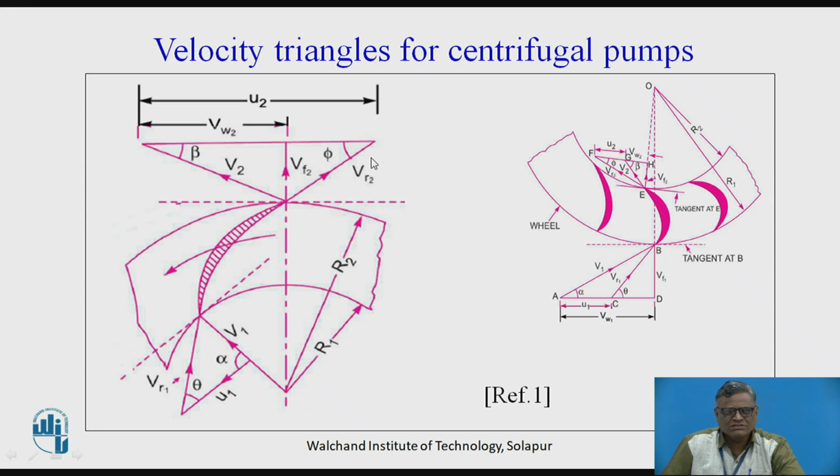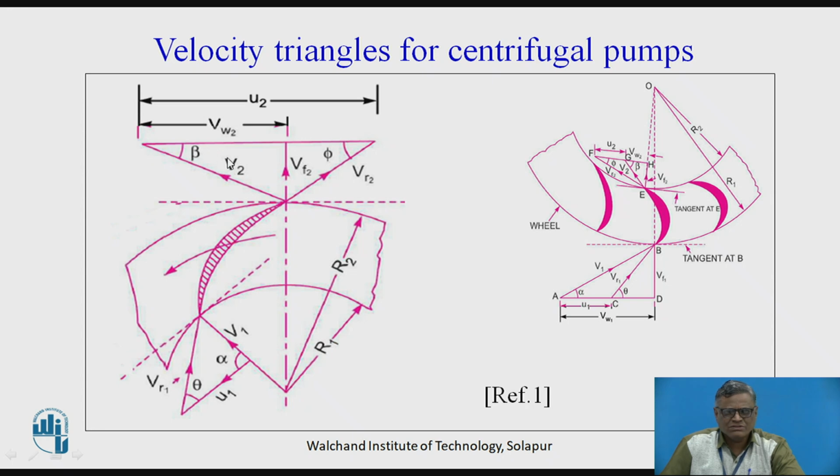In this case the value of u2 comes out to be larger than u1. From this particular point, draw the line representing u2. So this is u2 and this is vr2, and this resultant is v2.